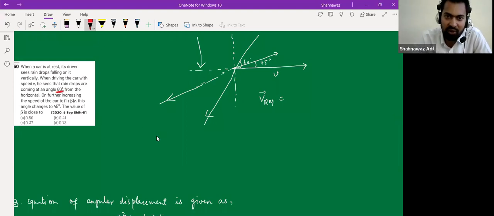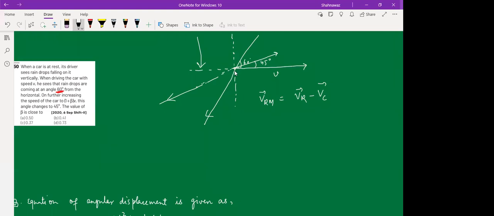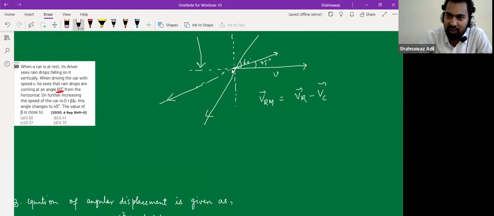So 60 degree from the horizontal. Okay. And this will be VR minus V of the car, right? So this is V. So we will have to take the effective diagram. So let's just first make the effective diagram.